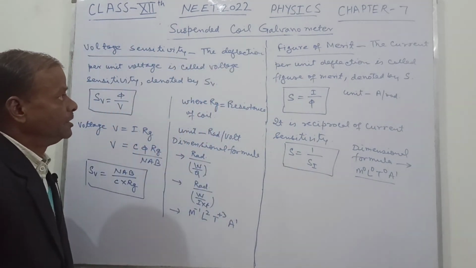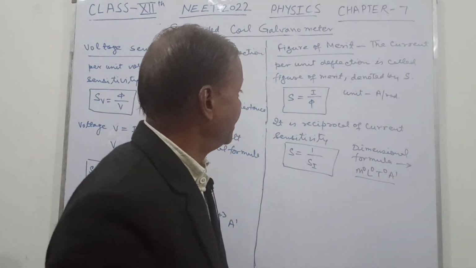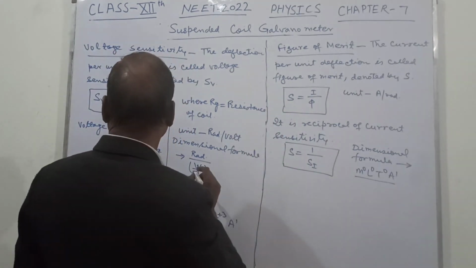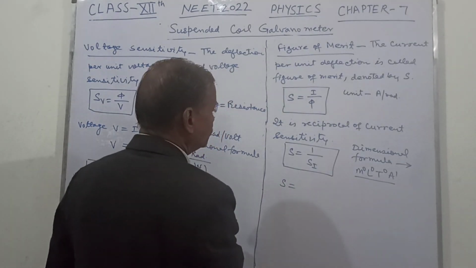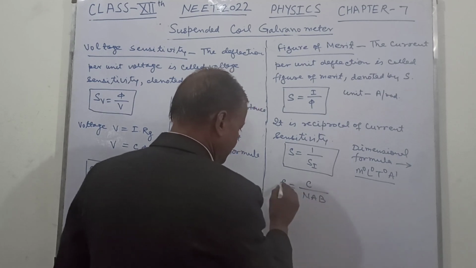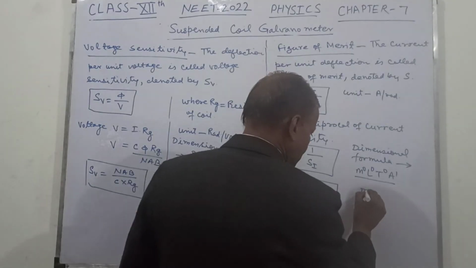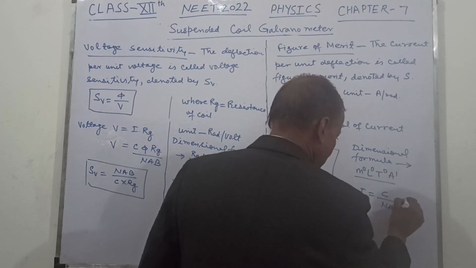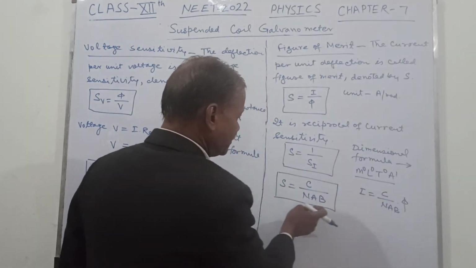So this is the figure of merit, and all these are scalar quantities. If you note this I upon phi, you will find that S is equal to C upon NAB, because I is equal to C upon NAB into phi.